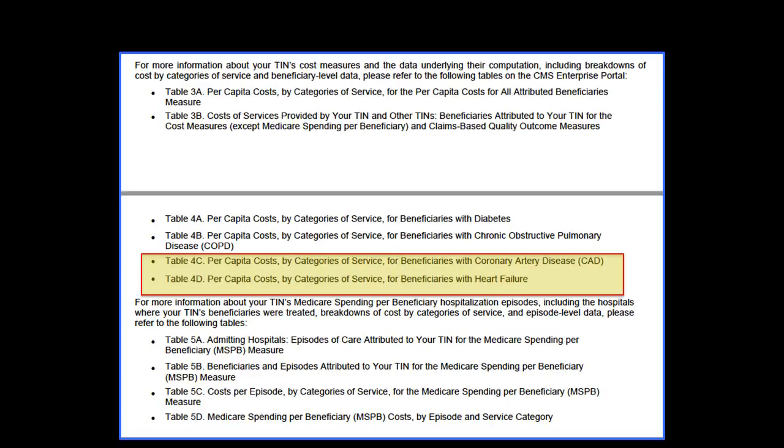And from the report, we'll be able to actually look at those categories of care, and it allows us to then go back to look at our attributed beneficiaries and really do a deep dive, through the electronic medical record at our home institutions, to see where our opportunities are to improve with respect to those domains of care.